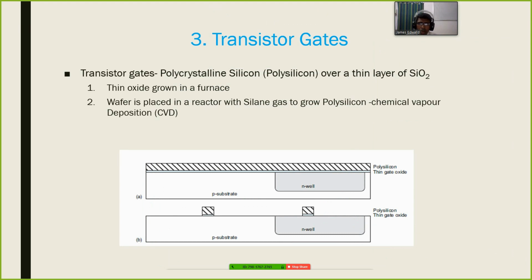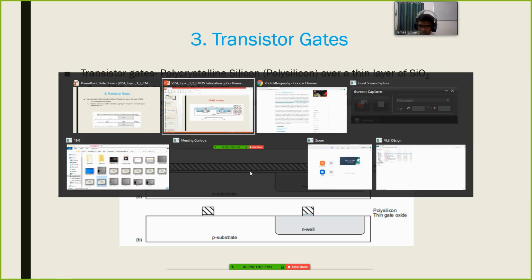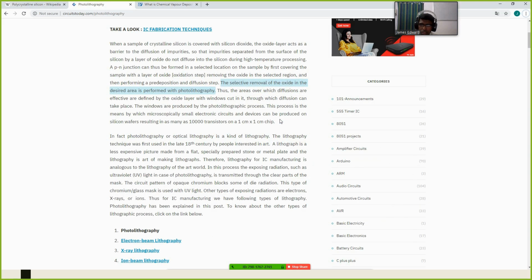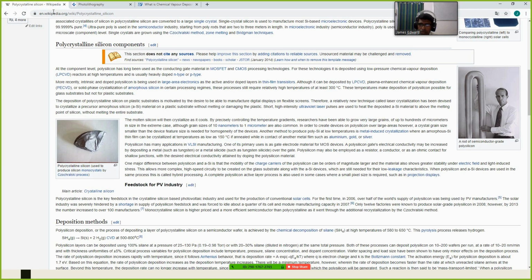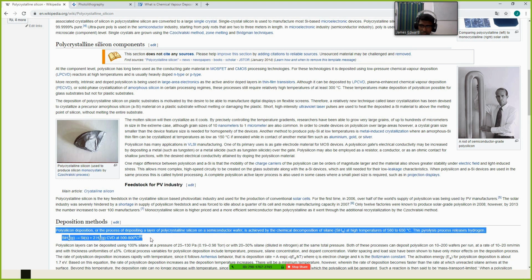And moving on, we then form the gates. In order to construct a gate, we already will be coating 2 layers, that is a thin layer of SiO2 and a polysilicon layer. If you want to understand about polysilicon, we can refer here. The polysilicon deposition takes place by this equation, where silane is decomposed at high temperatures.